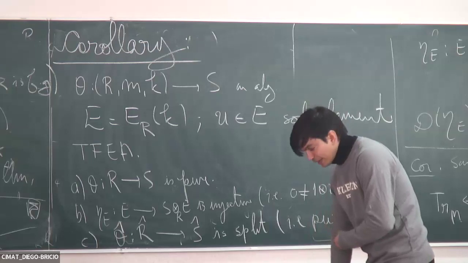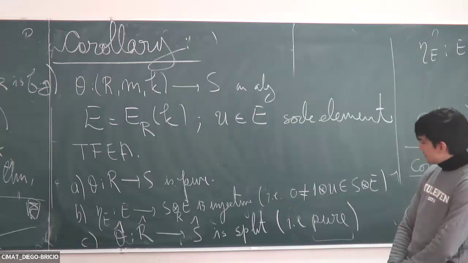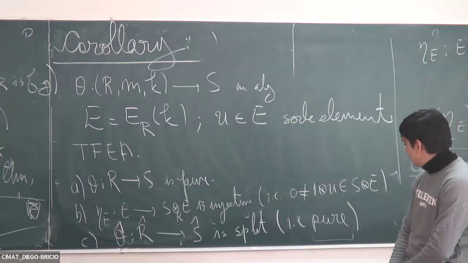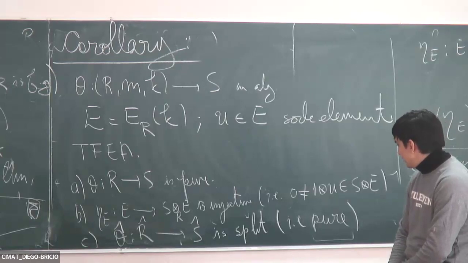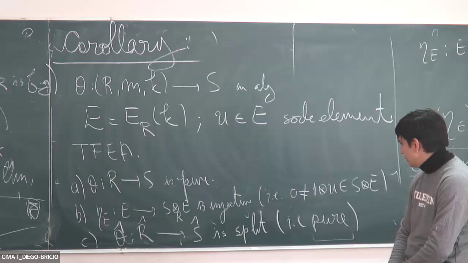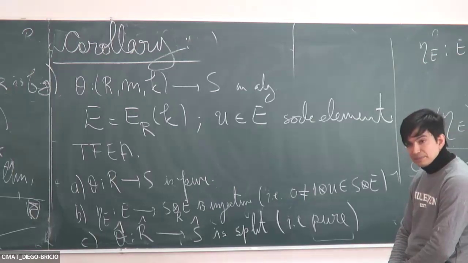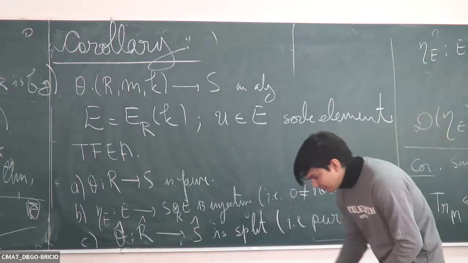Let's see. What do we have to prove? What is not obvious? B to C is not obvious. You're right. And then C implies A. So let's do that.